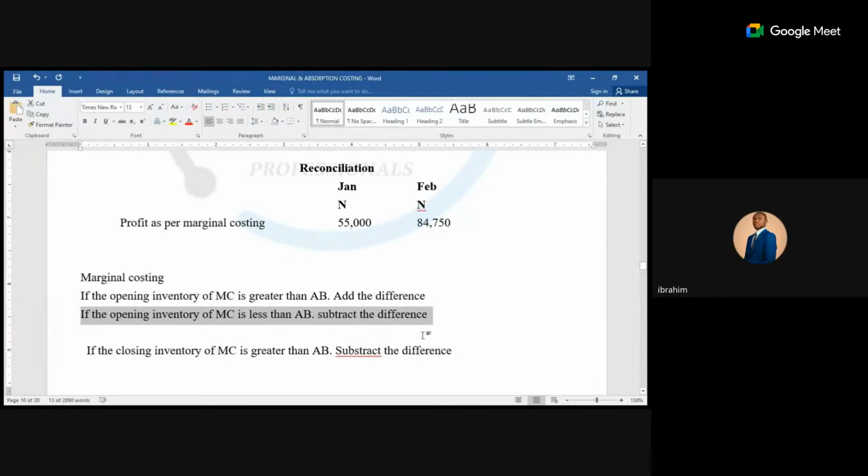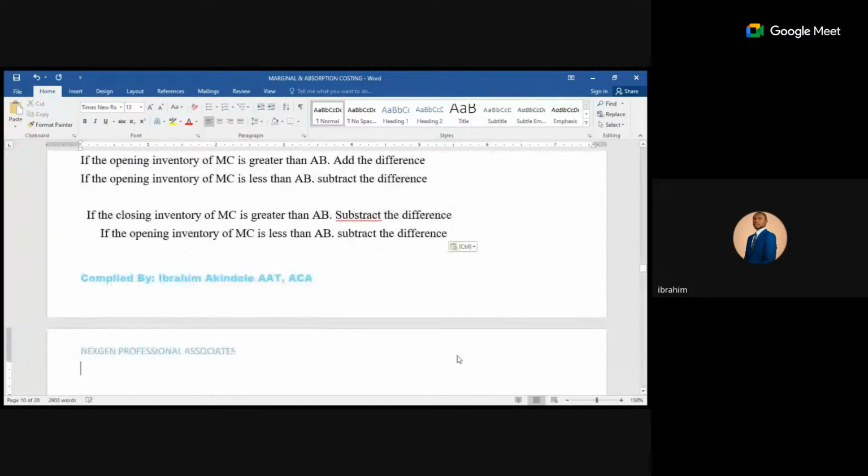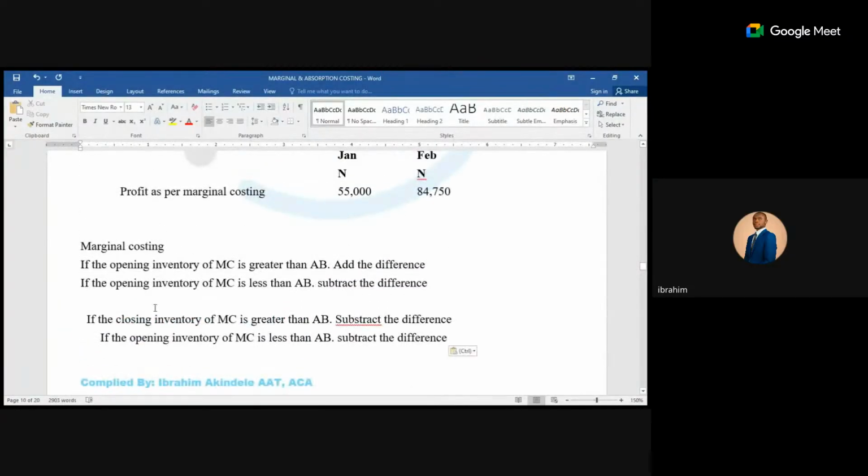If the closing inventory of marginal costing is lesser, it's less than absorption costing, you add the difference.